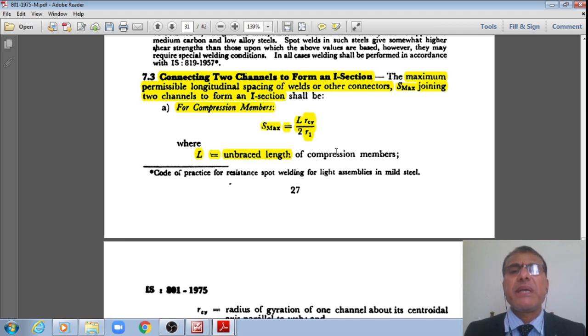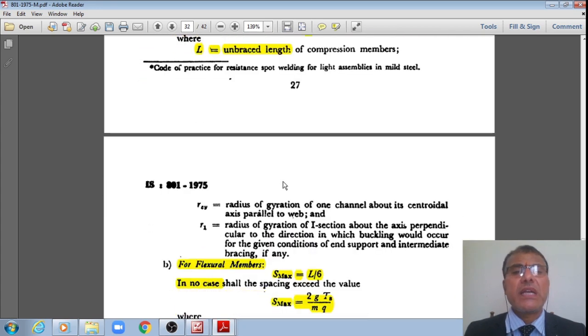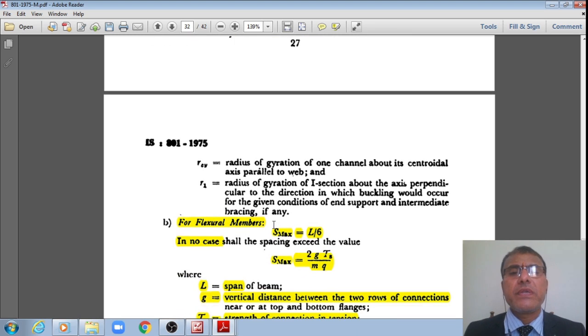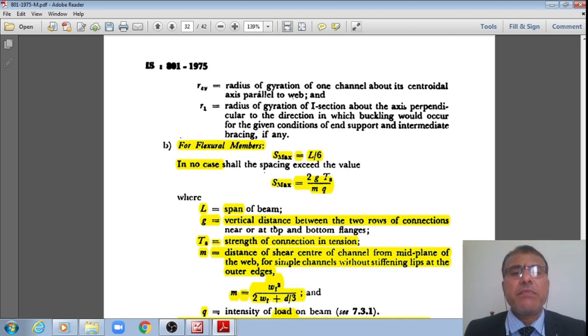For compression members, S maximum is equal to L RCY divided by 2R1, where L is the unbraced length, RCY is the radius of gyration of one channel about its central axis parallel to the web, and R1 is the radius of gyration of this I section about the axis perpendicular to the direction of buckling. Second one, for flexural members, the maximum spacing S max is equal to L by 6.